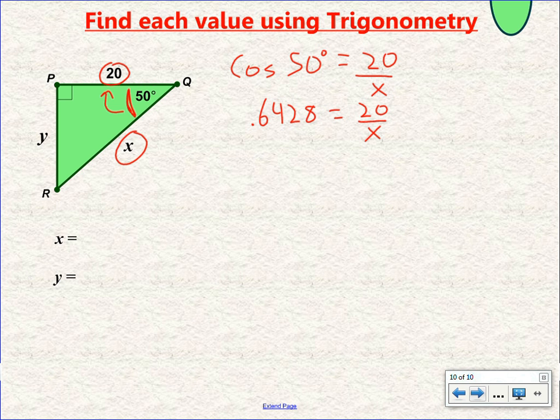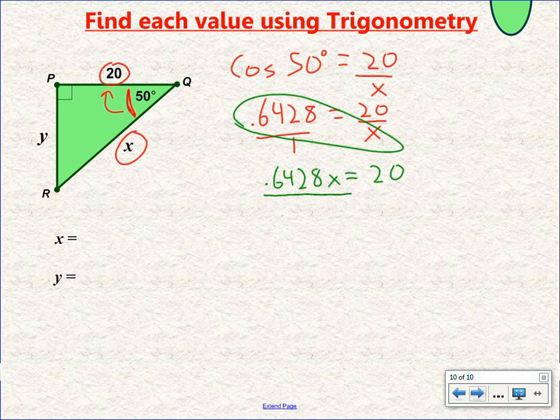I'm still going to solve this by cross multiplying. I'm just going to take one extra step. So we cross multiply here. We get 0.6428x equals 1 times 20, which is 20. And now what I need to do to solve for x is divide both sides by 0.6428.